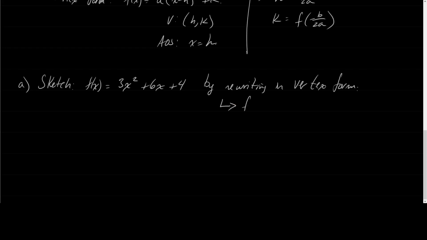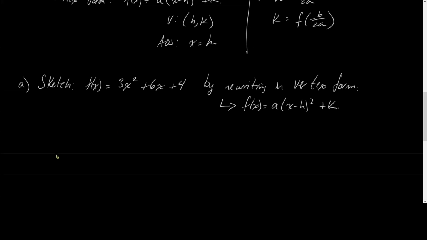Essentially what I'm saying is I want f of x equals a times x minus h squared plus k. Right now, it's in polynomial form, like an expanded polynomial. So what do we do? Well, we know that we need to complete the square. So let's complete the square.